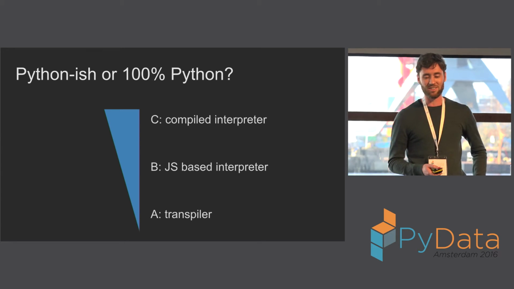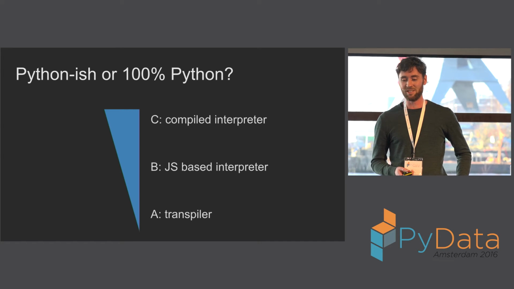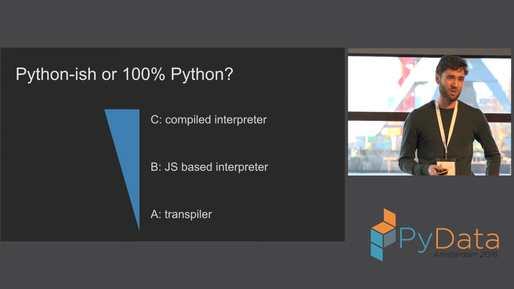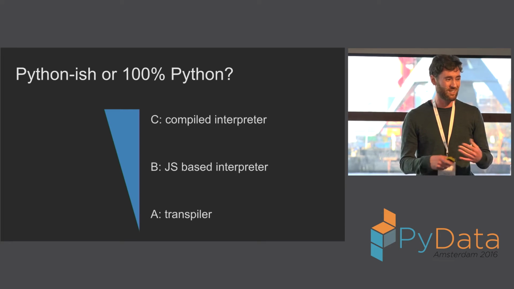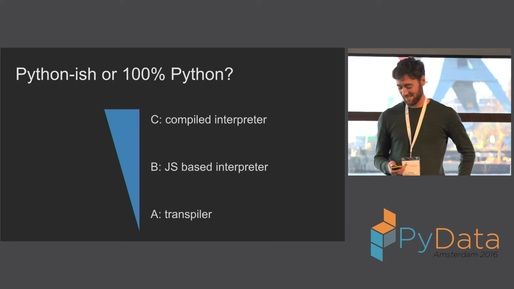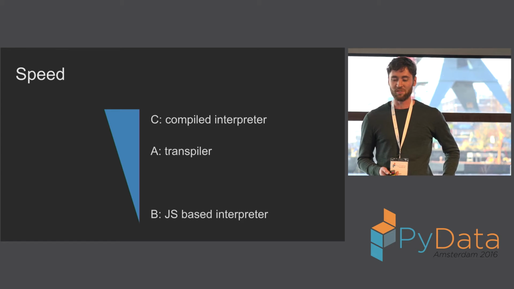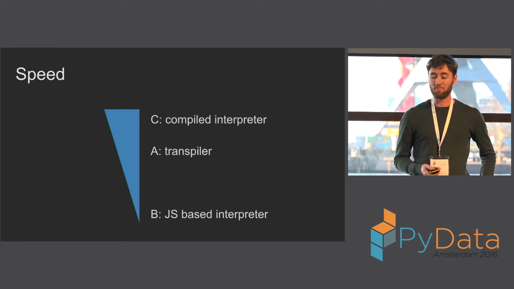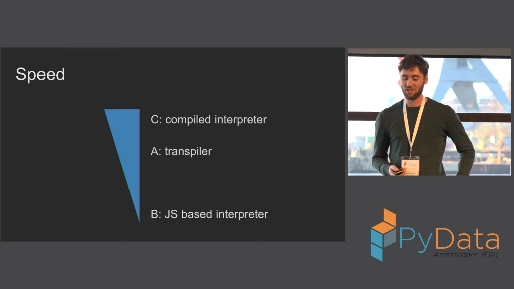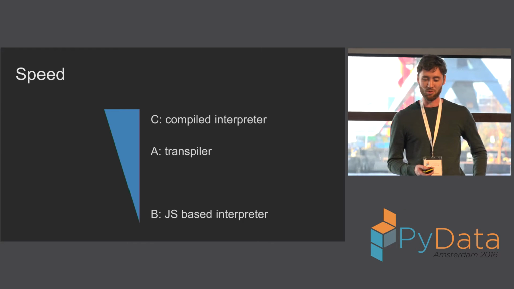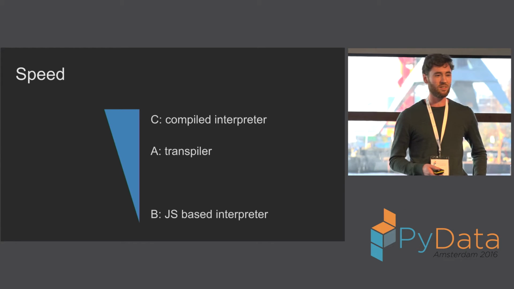And the transpiler is, in this group, the least Pythonic in that it's not really Python, but really JavaScript that is made a lot more Pythonic. In terms of speed, the compiled interpreter is definitely the fastest, and the JavaScript-based interpreters are much, much slower. And the transpiler sits somewhere in between.